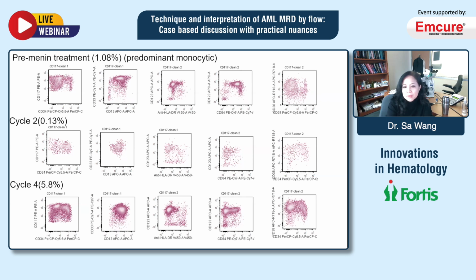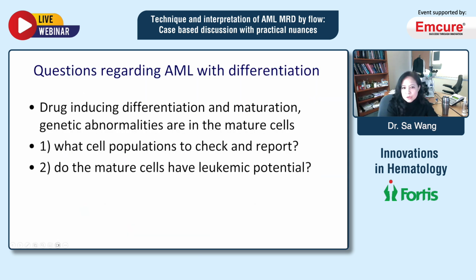That's understandable, because monocytes derive from the immature cells. When you have residual leukemia, they tend to stay in the more immature cell compartment. Right? So to summarize, with drug-induced differentiation and maturation, what cell population do we check and report?